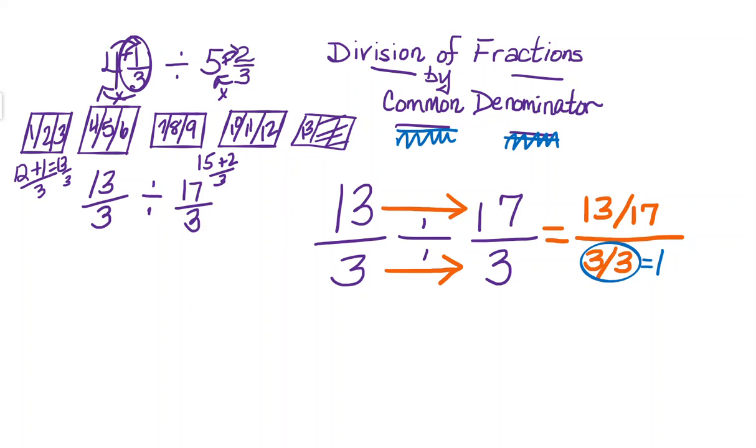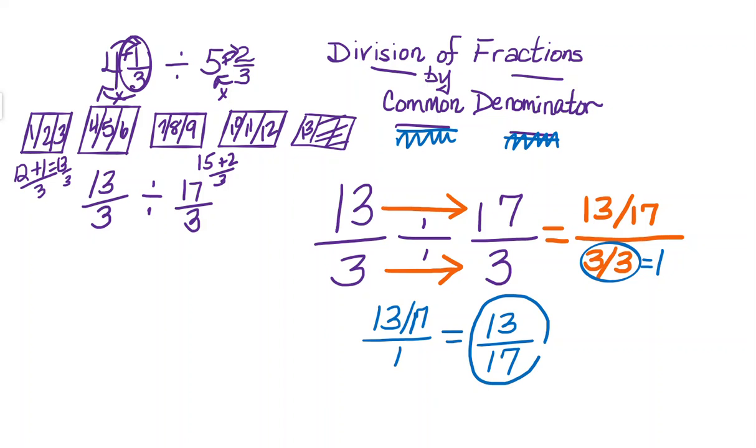How awesome is that? So now we've got 13 over 17 over 1, which just equals 13 over 17, which is the answer to your question.